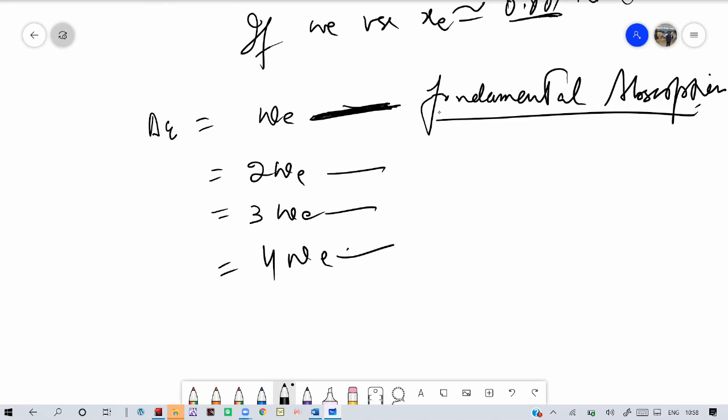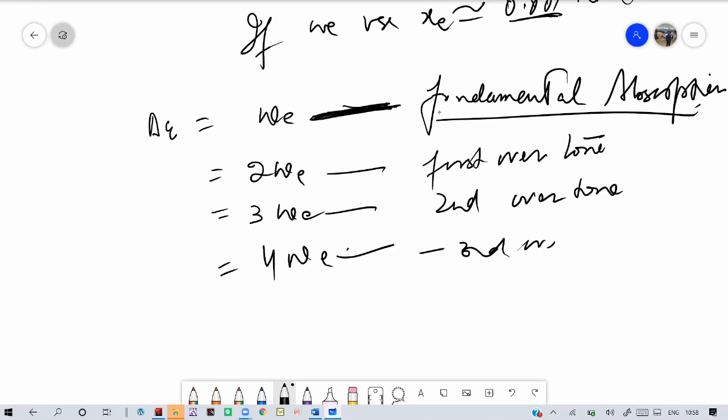This is called the first overtone. This is called the second overtone. This is the third overtone. So that is how we characterize the absorption spectra of an anharmonic vibrating diatomic molecule.